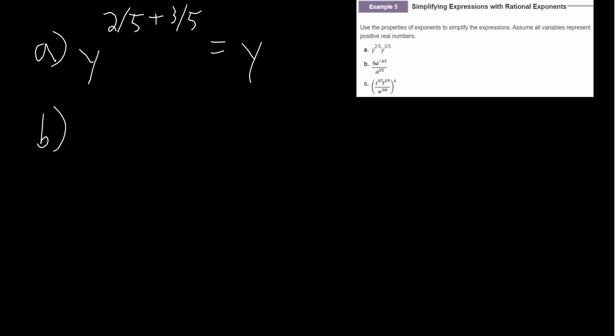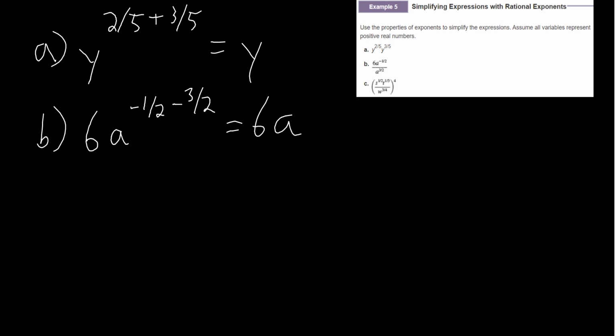So 6 times a to the negative 1/2 minus 3/2, because since we're dividing, we can simply subtract the exponents. Negative 1 half minus 3 halves is negative 2. So we have 6a to the negative 2 power.